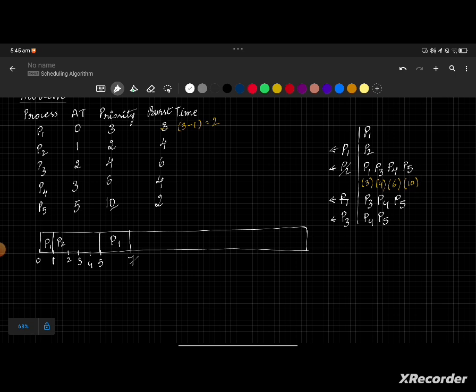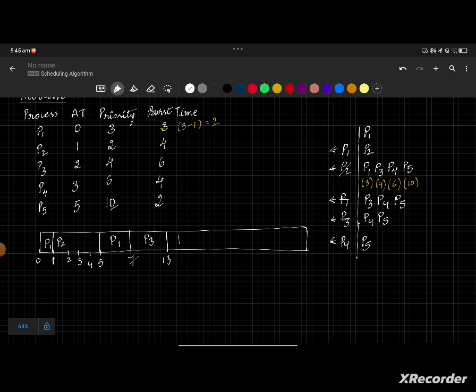P3 has a burst time of 6, so 7 plus 6 is 13. P3 is done. Now we give the CPU to P4, since it has priority 6 and P5 has 10, so 6 is higher than 10. P4 goes and P5 remains.